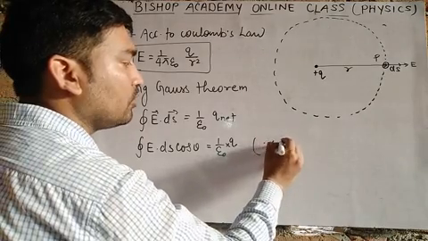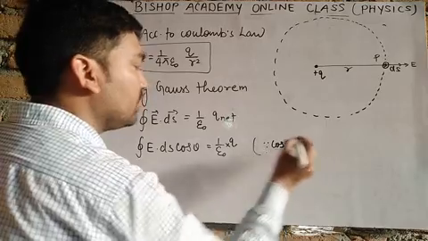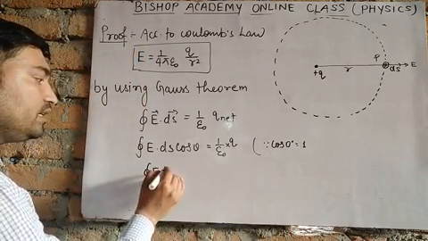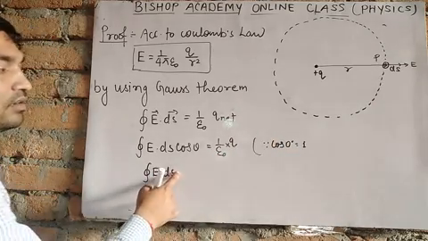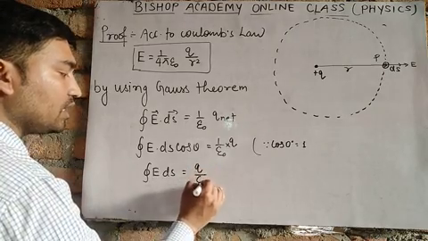Since cos 0 degrees equals 1, it is written as the integral of E ds equals Q upon epsilon naught.